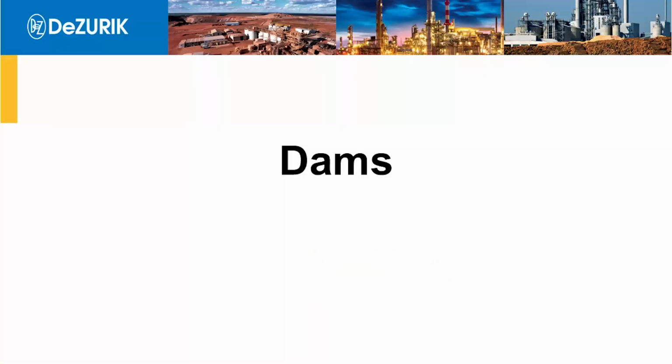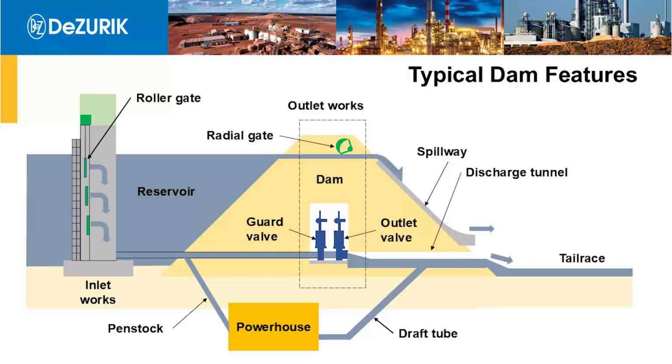So let's talk a little bit about dams, the types of dams. There are more than the types I'm showing here, but I'm touching on the four most common types. Typical dam features: you've got your reservoir, the dam, and the tail race, which are the three major civil engineering elements. Then you've got the inlet works to let water into whatever conveyance is passing water through the dam.